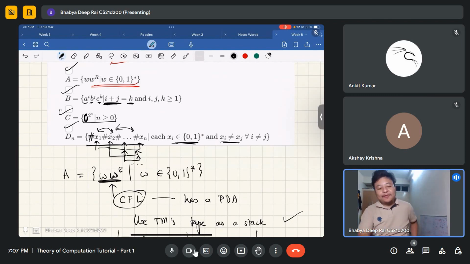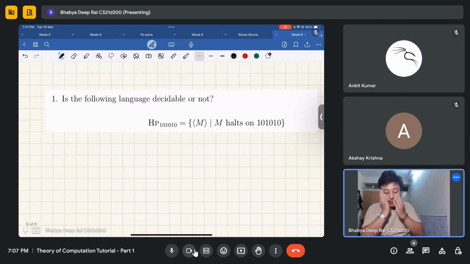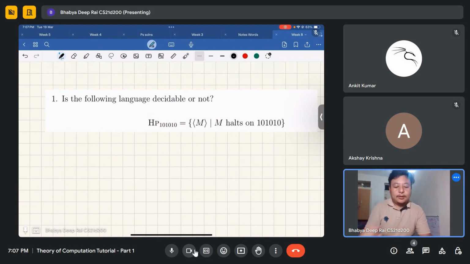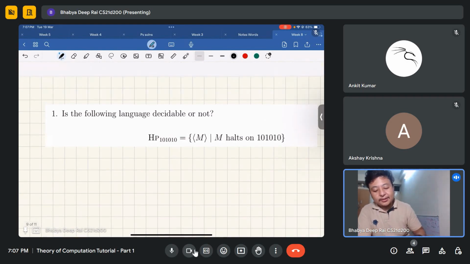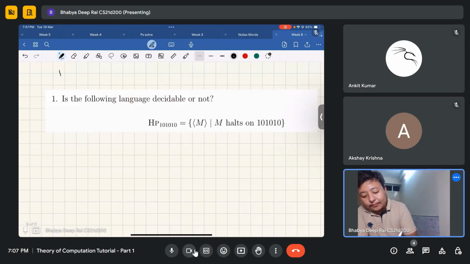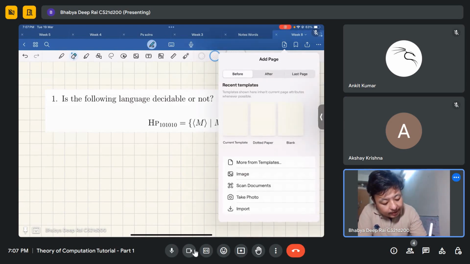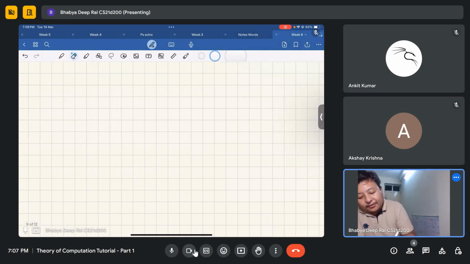So yeah, now we move to the topic of this week, that is reductions. Okay, so I'll add a page before.